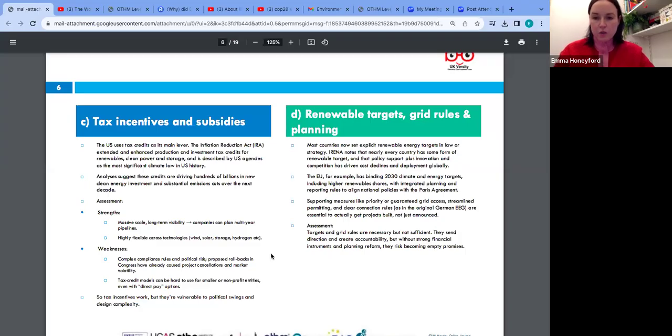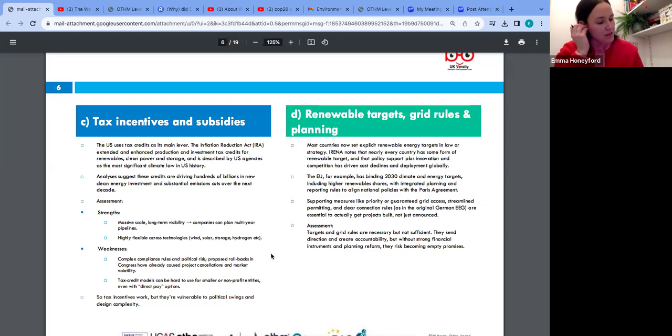So a lot of countries now have been really explicit about renewable energy targets in law or strategy. So you've got IRENA, which is the International Renewable Energy Agency. So this is a global intergovernmental agency.